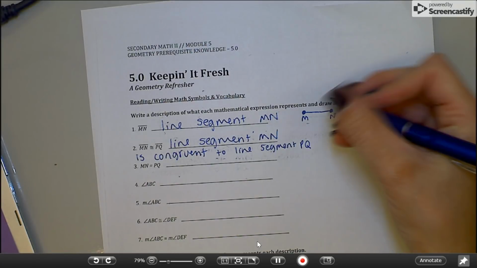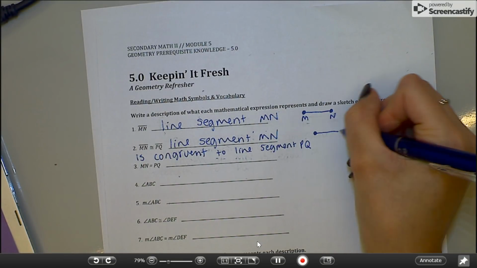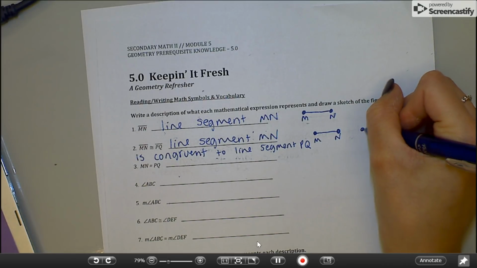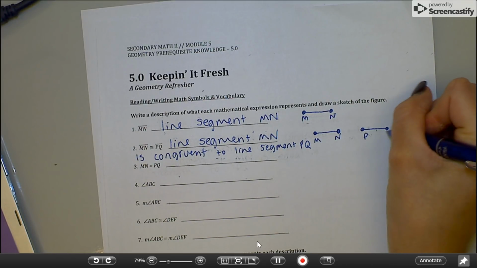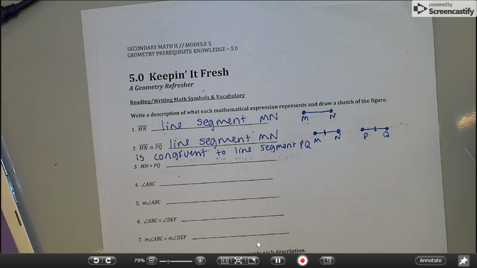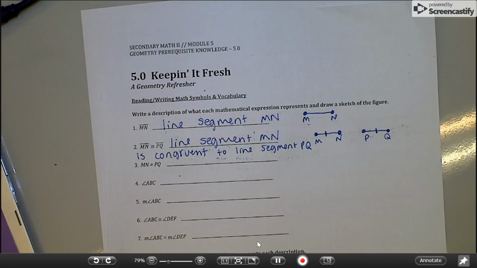And when we draw them, they would be in equal length to each other. So I'd have MN here, and I'd have PQ here. And we could make a tick mark on each to show that they're equal in length. They're congruent.